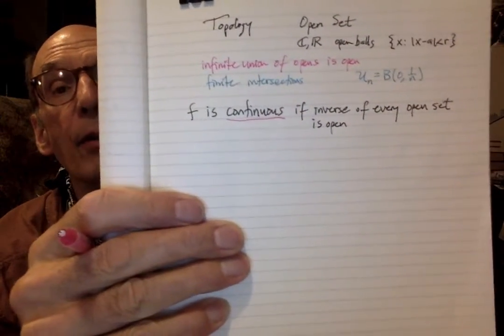That ball has radius epsilon, and when you pull it back, you should be able to get a ball around the point. That ball has radius delta. So this is a direct generalization of the epsilon delta idea for continuity without having any need for measuring. I warn you, there are some places where the idea of open set gets to be quite woo-hoo, but we're not going to bump into them in this course.